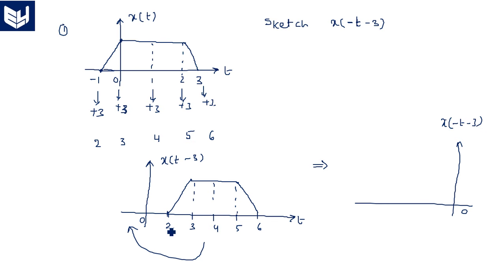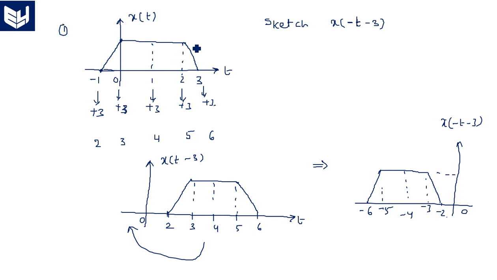All these limits now turn into negative values. This is the shape of the signal, and the limits now are -6, -5, -4, -3, and -2. This is the resultant signal.